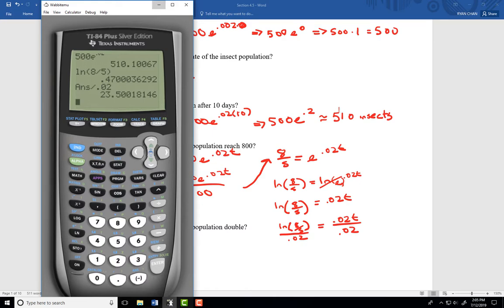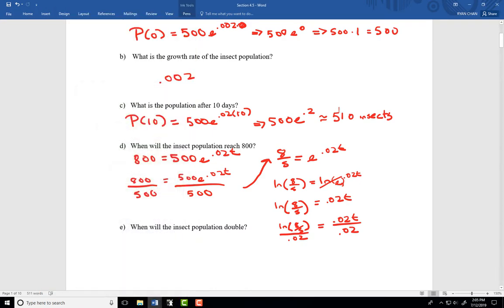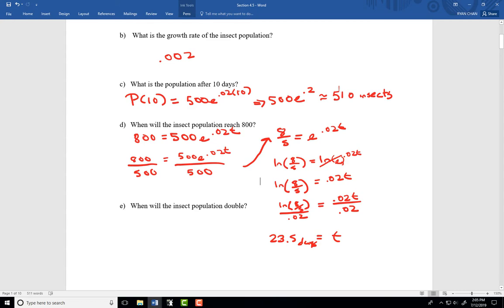I get approximately 23.5 years, or sorry, days. Be very careful with your units. So t is equal to 23.5 days. And if they ask you to round to the nearest something, just make sure you follow suit. So let's do another type of problem.